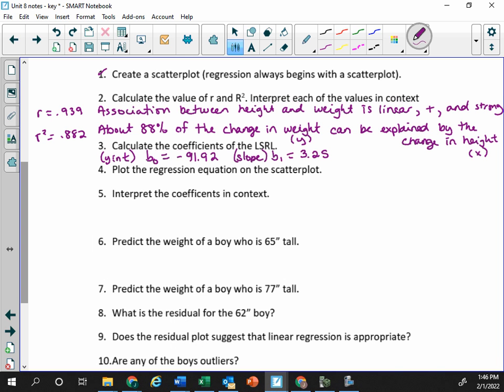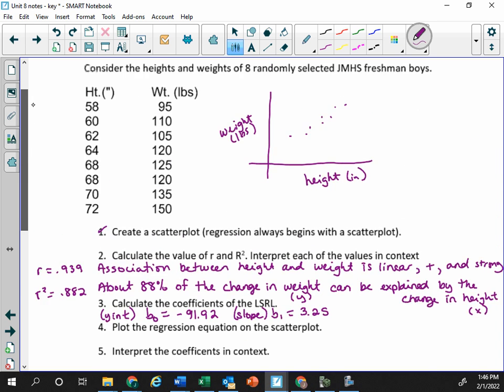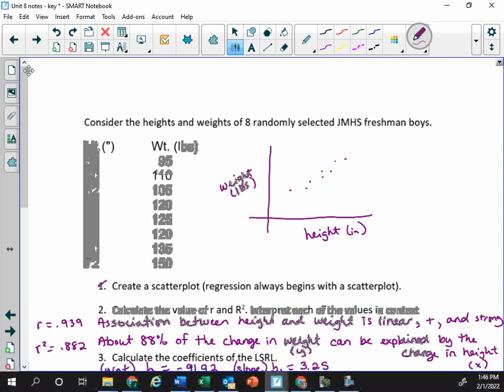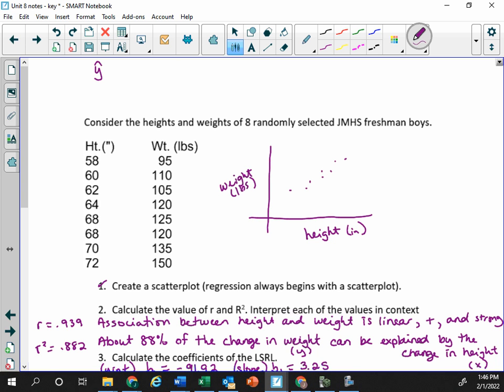So guys, I'm going to go up above and actually write the equation. I've got a little more room up top here. I'm going to write it two ways. I'm going to write just with the symbols. So predicted y would be equal to negative 91.92 plus 3.25 times x.